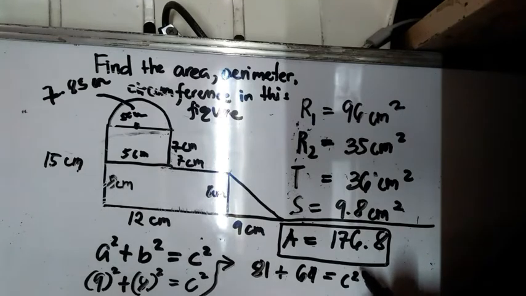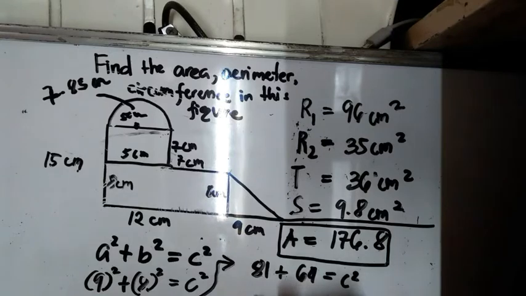So 81 plus 64 is 145, and we can use a square root.